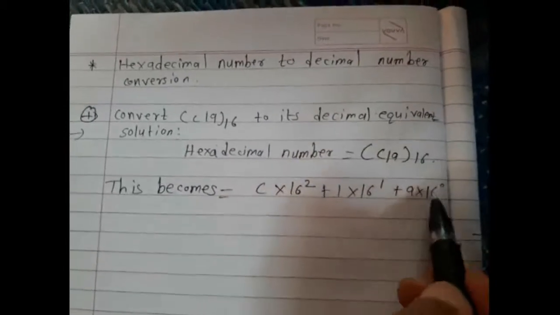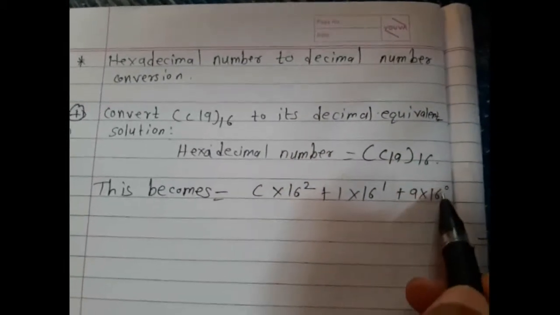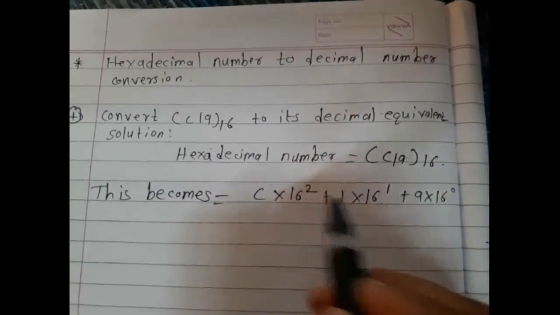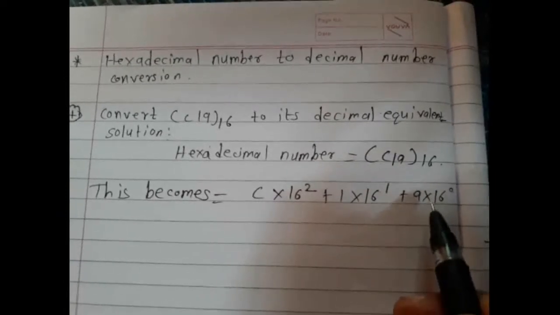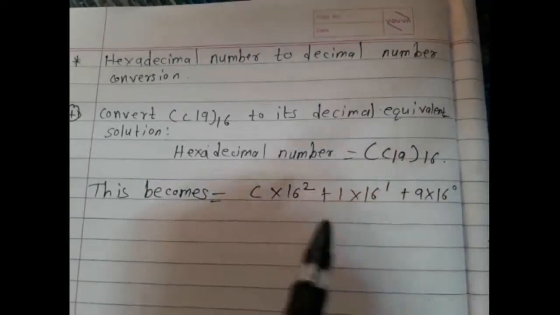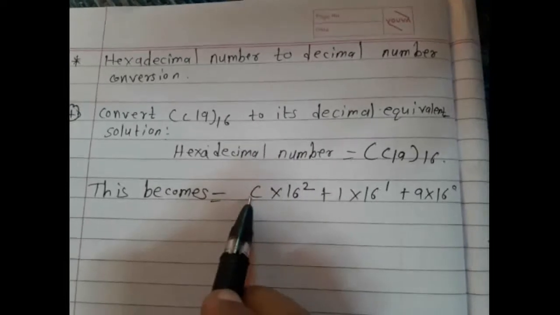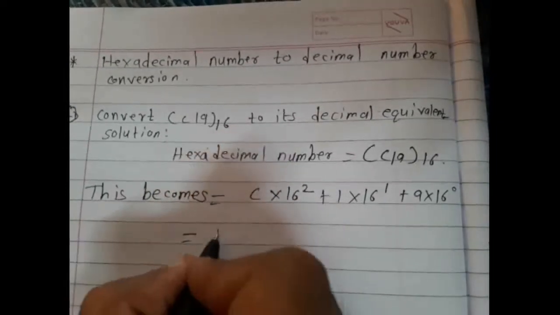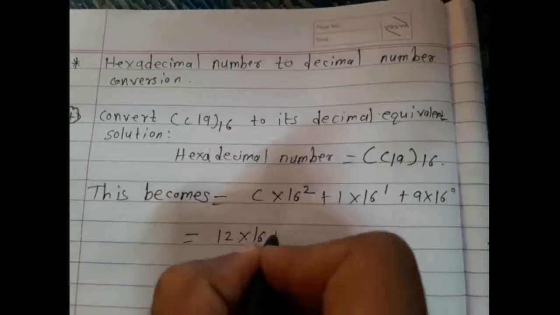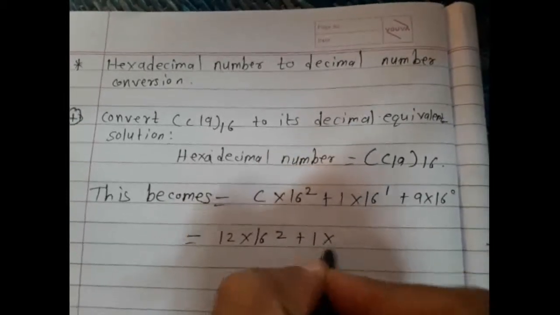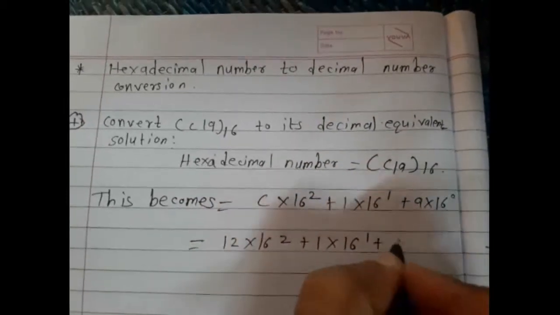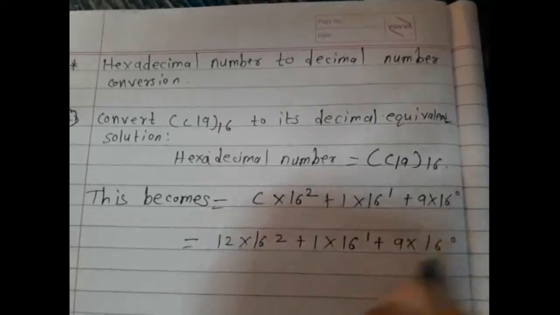Now see 12 into 16 square plus 1 into 16 raised to 1, plus 9 into 16 raised to 0.